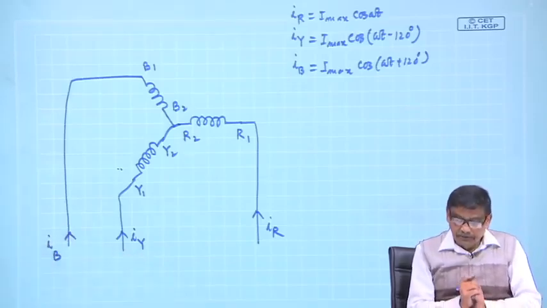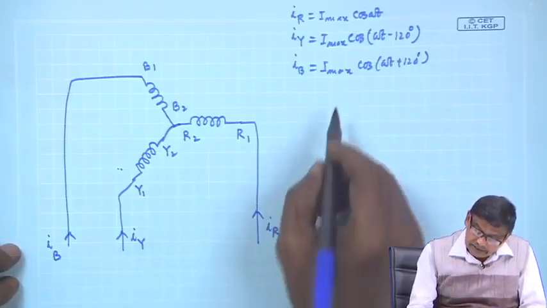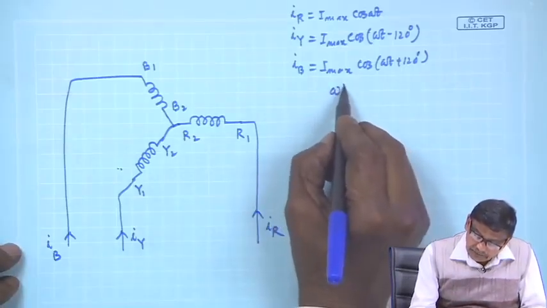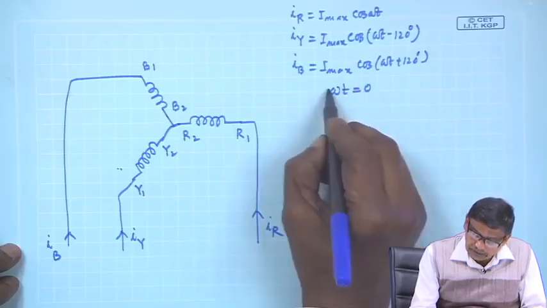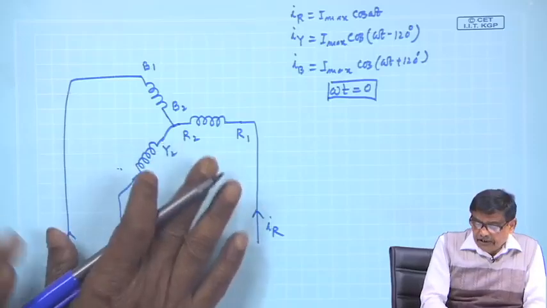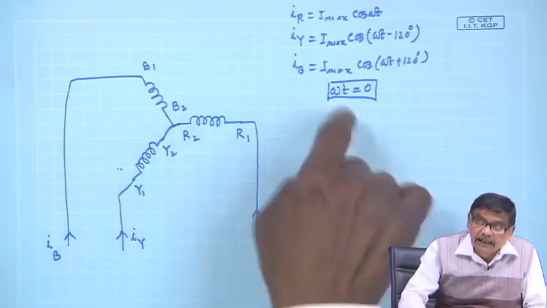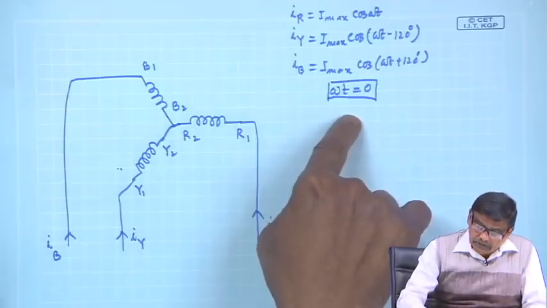Now, what I will do is this, suppose I want to see what happens at omega t equal to 0, and I will find out the resultant field for that instant. So, okay.